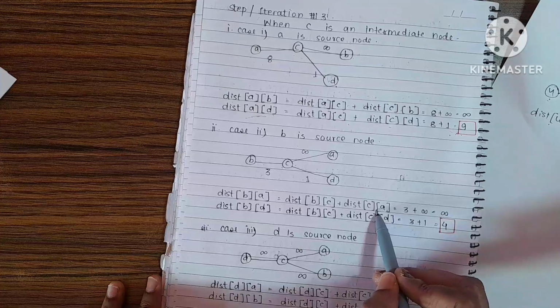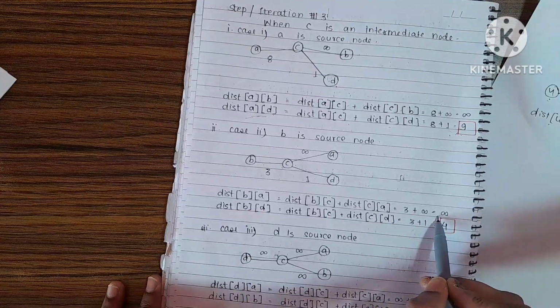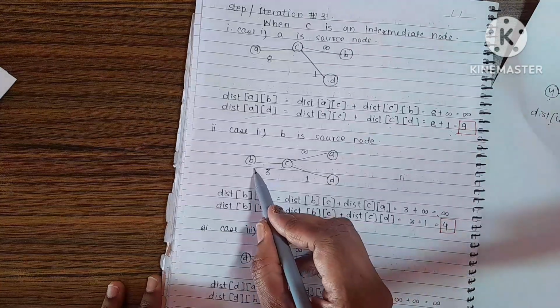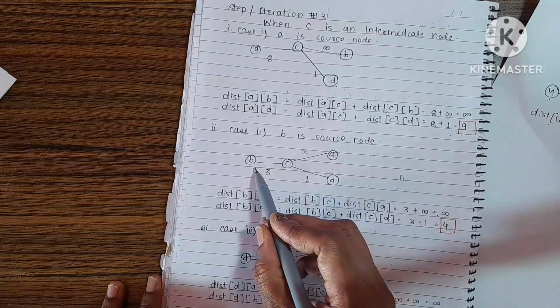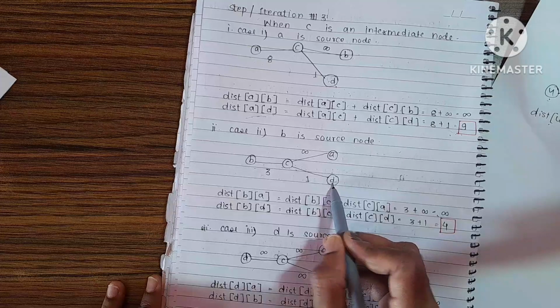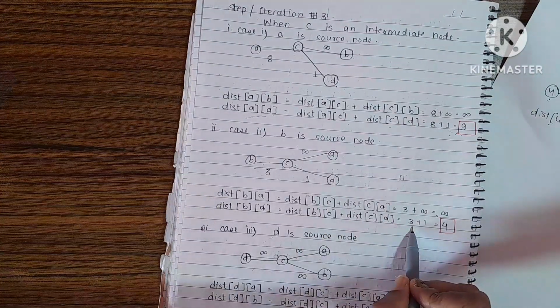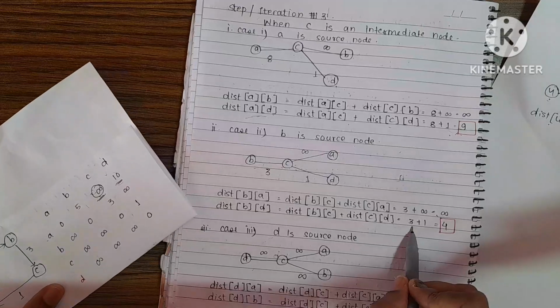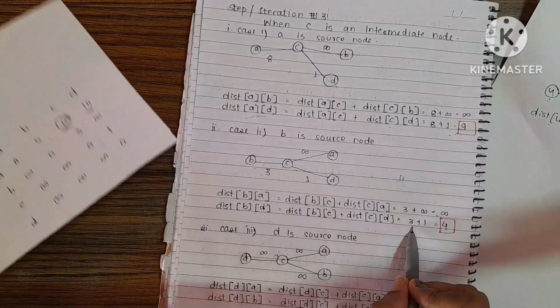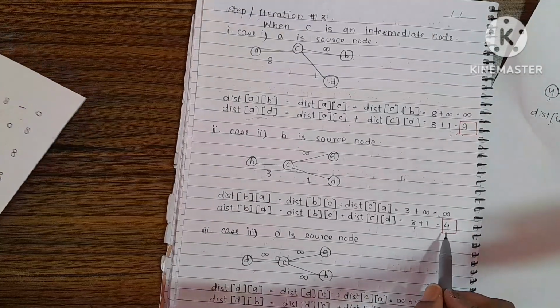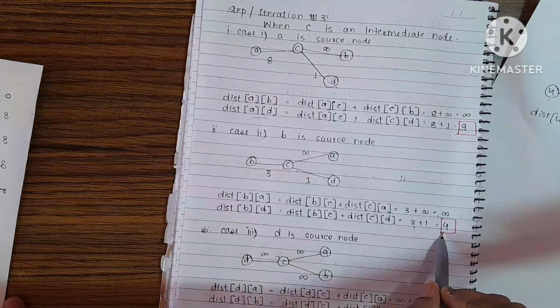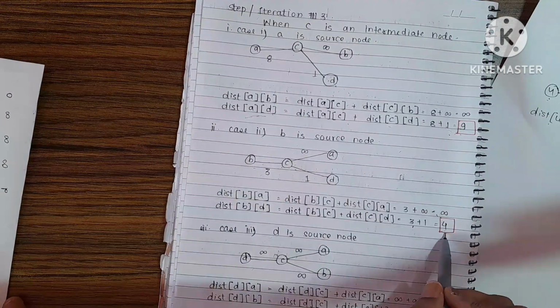Since CA is infinity, the total distance becomes infinity itself. That means it is unknown to us. Distance BD could be calculated as BC plus distance CD, which is 4. Now with the previous iteration, it was holding infinity. So this infinity will be replaced by 4.